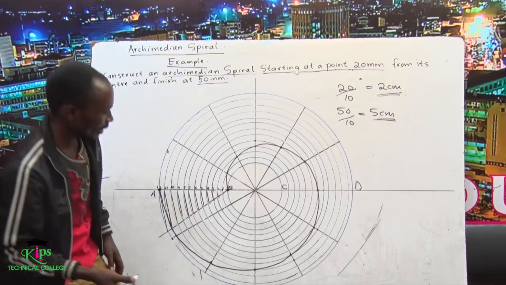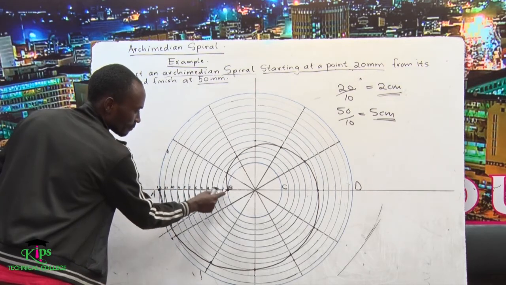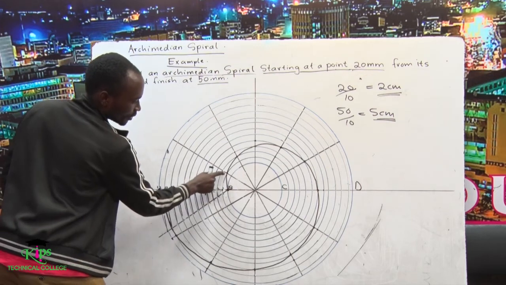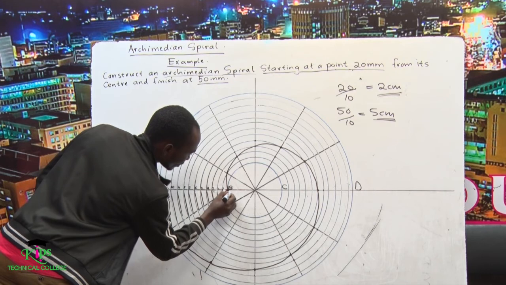So this is my Archimedean spiral. You can see I have started from this point. This is point 1. This is point 0. I've gone to point 2, at this case to point 3. So this is 0.